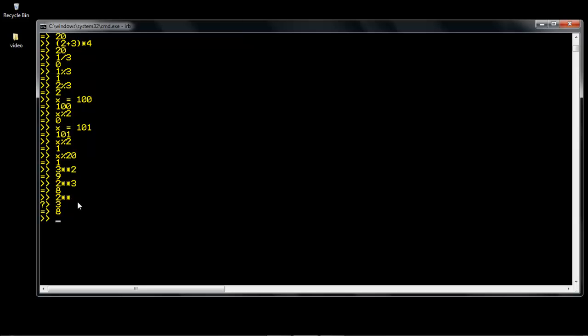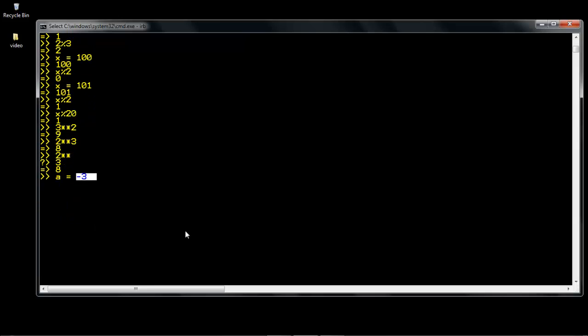All right. Now, what are unary operators? That means they require only one operand. Let me give an example of a unary operator. This minus sign here is a unary operator. I'm not doing subtraction. I'm just applying the unary operator to the number 3 to make it a negative number.